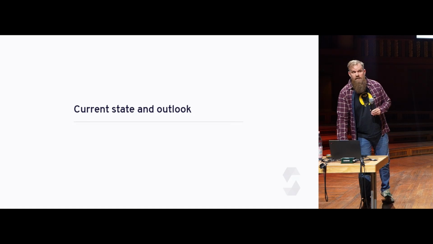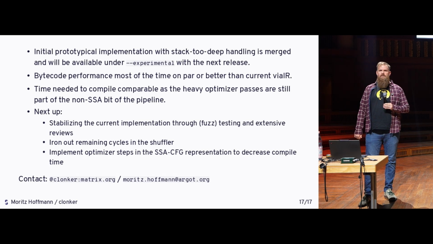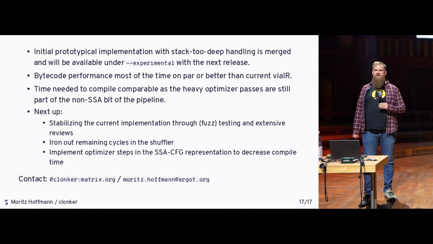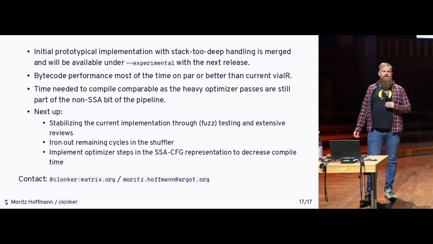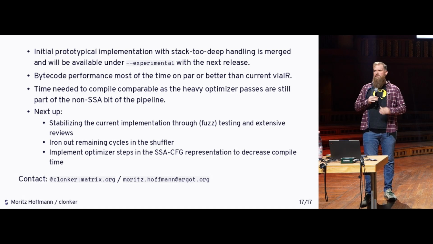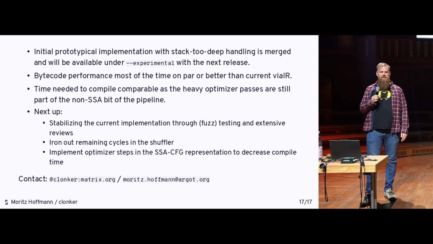Okay, so what's the current state? I already said it's on develop, including memory spilling. We're still ironing out a few kinks, but under an experimental flag, you can use it, you can try it out. The bytecode performance of this new backend is mostly on par and also surpasses the current via-IR pipeline at times.